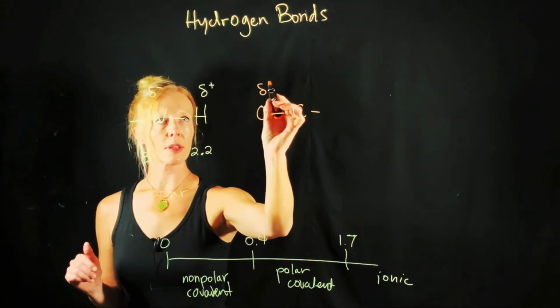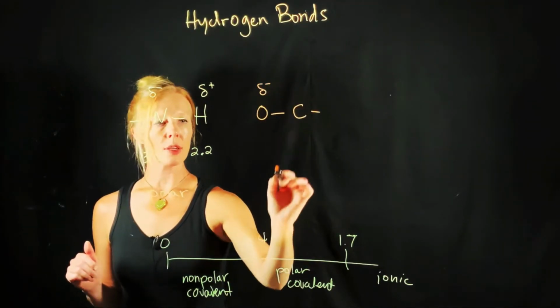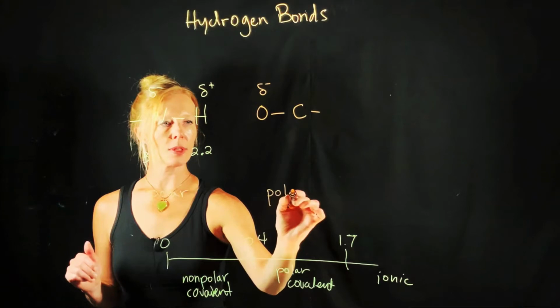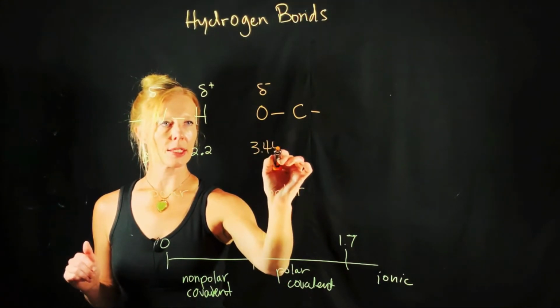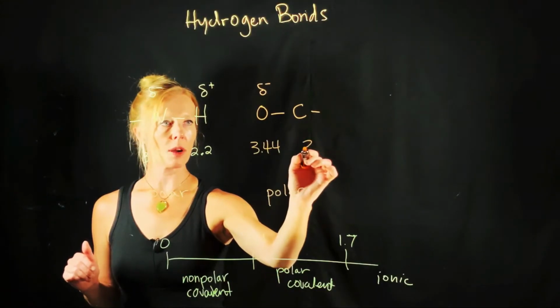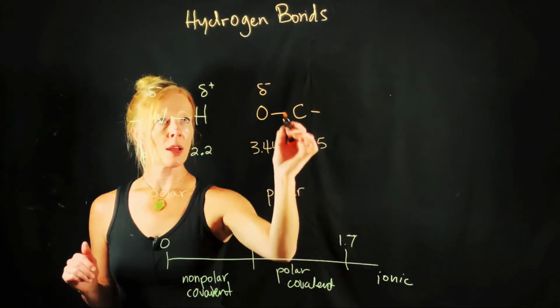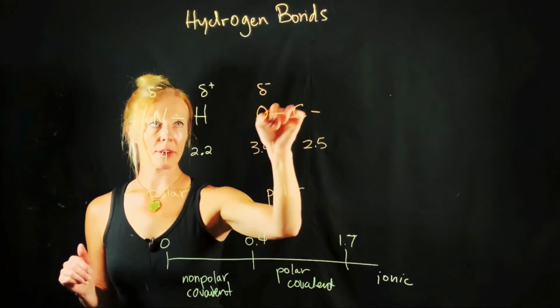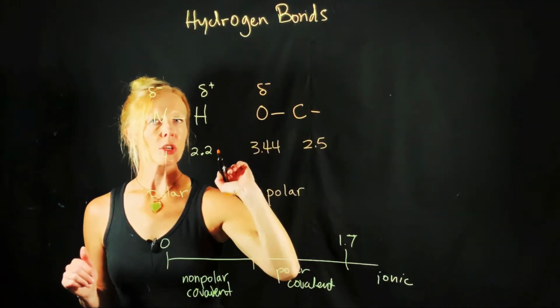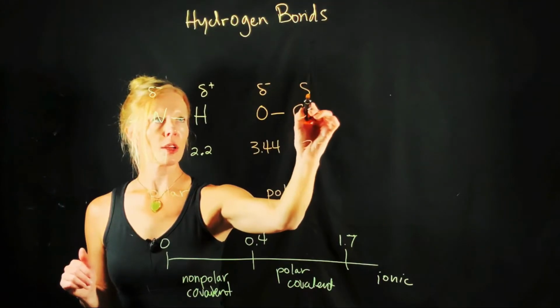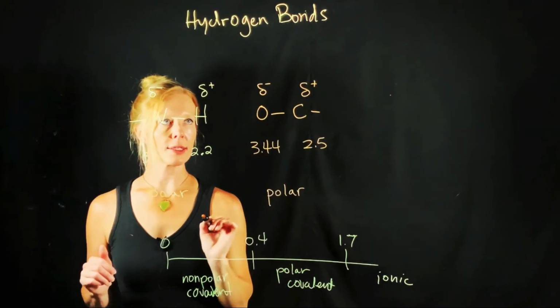Oxygen is definitely going to be higher, so this is a polar bond once again. I believe oxygen has an electronegativity of about 3.44, carbon about 2.5. Oxygen is better at attracting those electrons, so we have a partial or slight negative charge on oxygen, and carbon has a slight positive charge.